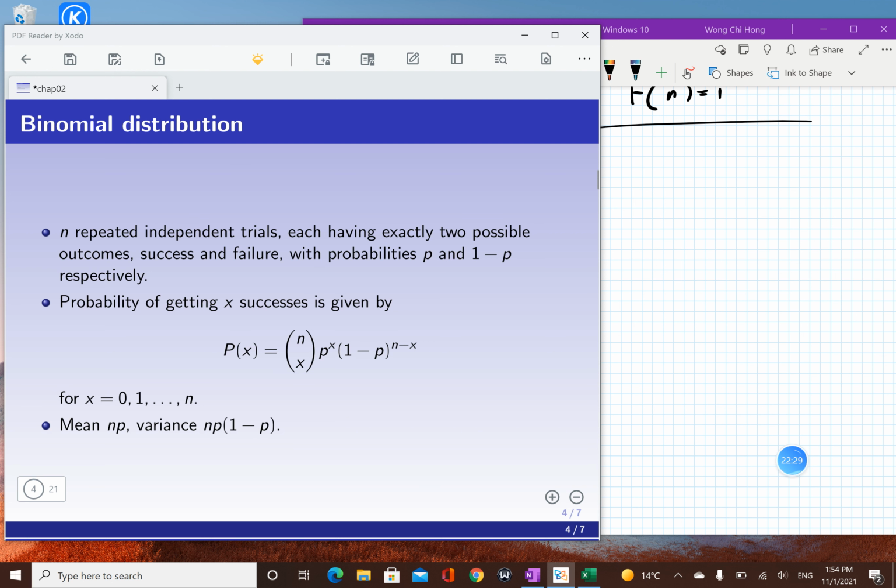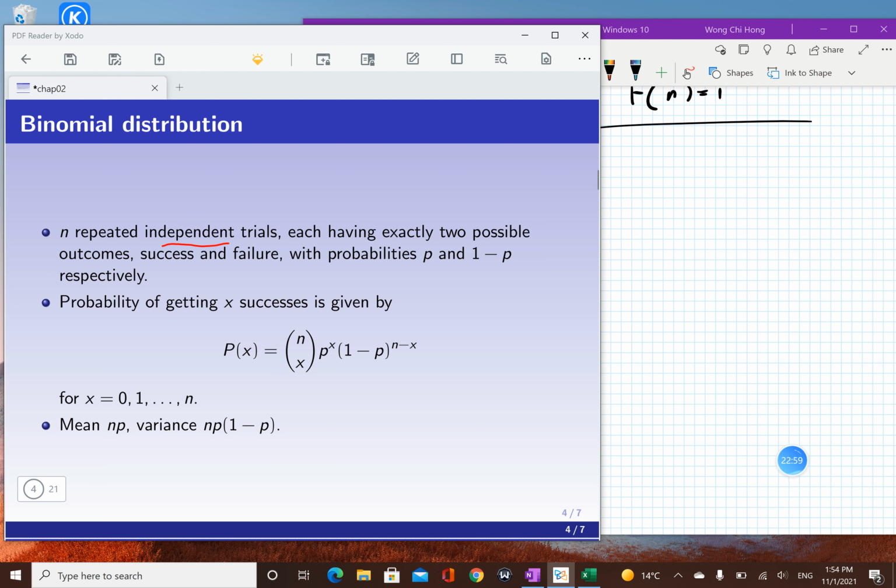But not exactly, it doesn't exactly apply to throwing a die. Suppose that you're repeating something n times, and we want each of the results to be independent of each other. Like if you throw your coin, the result of each throw has nothing to do with another. So they're independent trials.